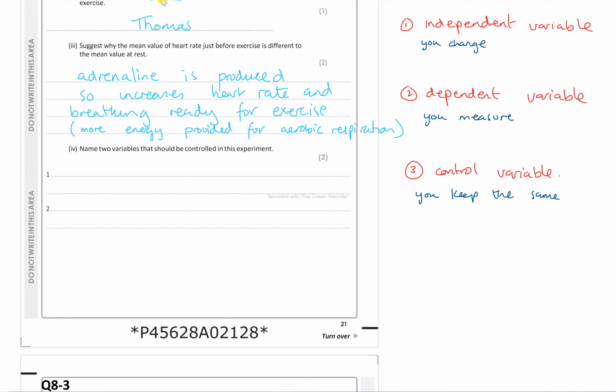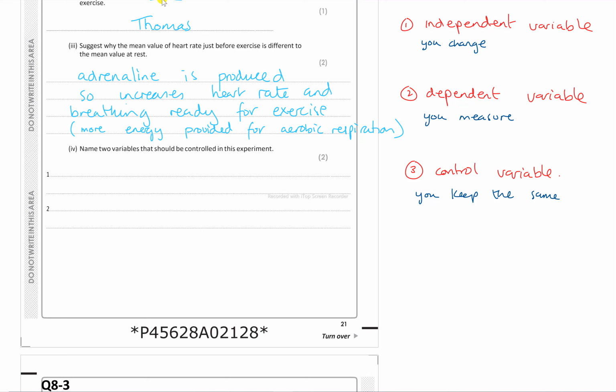So you'd say, okay, I'm going to choose all males, between 25 and 30, all with a BMI of, I don't know, 35 or 45 or whatever it is, to keep it fair. You keep these variables the same.